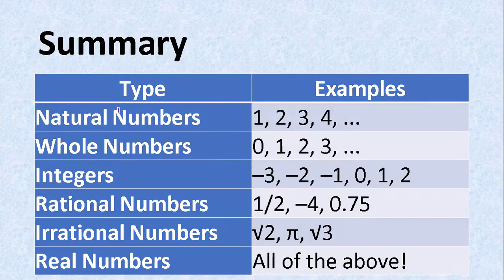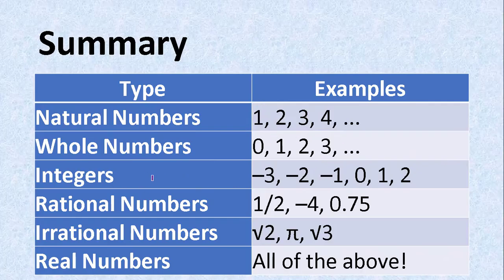See, revision part of this: natural numbers start from 1, 2, 3 and so on. These are also called counting numbers. Whole numbers 0, 1, 2, 3 and so on. Whole numbers means if we include 0 to natural numbers, we get whole numbers.